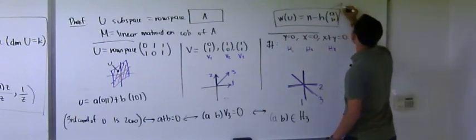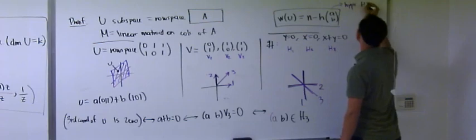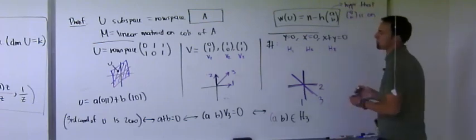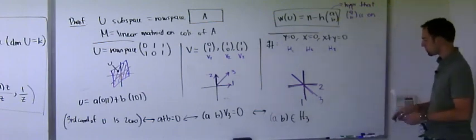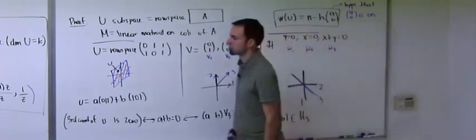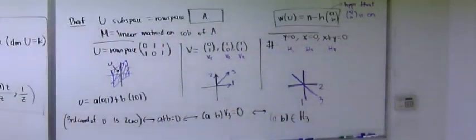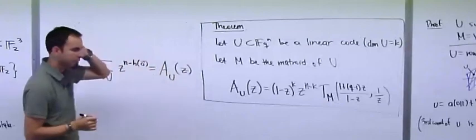So these are the hyperplanes that AB is on. And having said that, we can just do this computation. We can say the weight of u is n minus the number of hyperplanes of, let's call it A. Where A is what I called A comma B there. Okay.